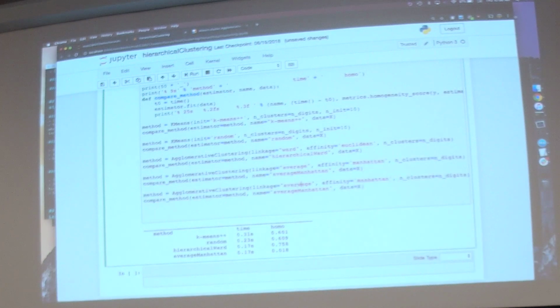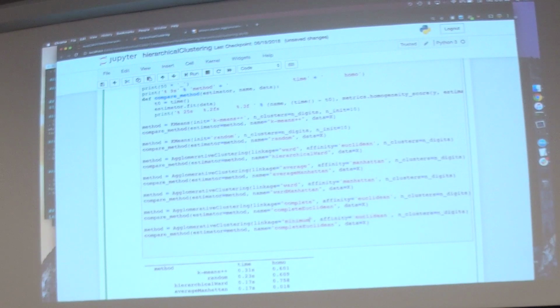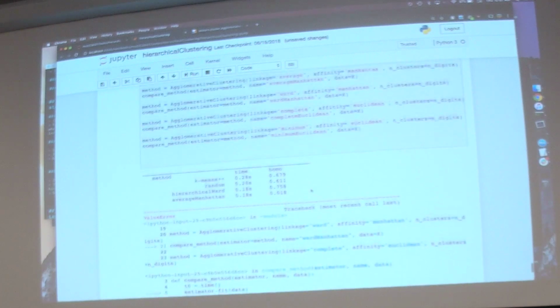Let's try the Ward with Manhattan, and maybe try a complete, and maybe a minimum. Oh, well, we're not going to do that one.